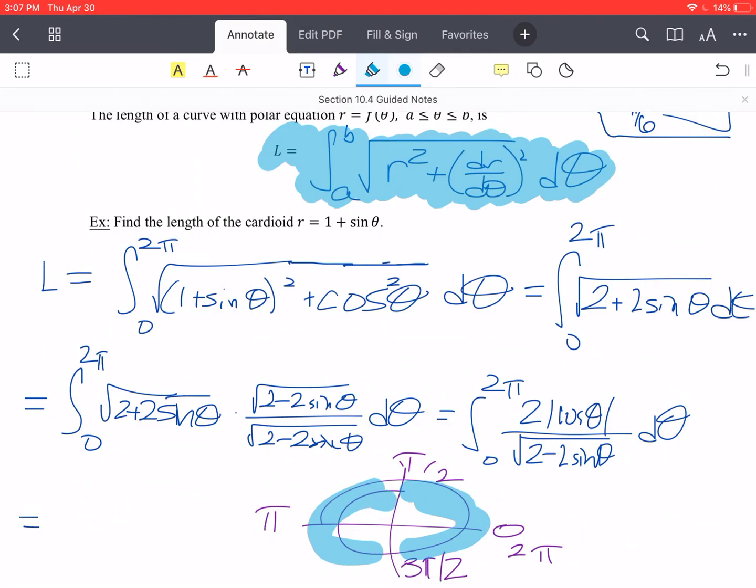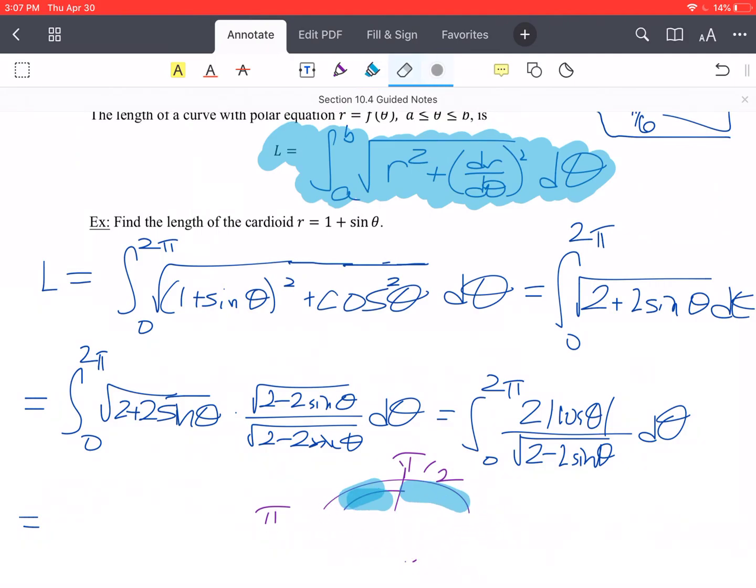That means if we want to set this up with cosine always being counted positive, because that's what the absolute value does, we need to split it up into the positives and negatives and make the negatives positive. So this is going to be the integral from 0 to pi over 2. This is a positive piece of our function.